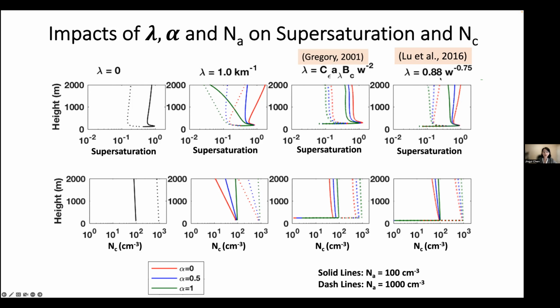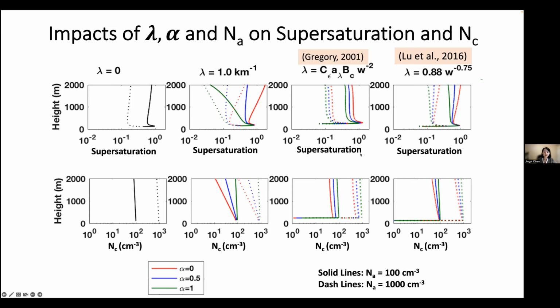They have different formulas to calculate lambda. We see the supersaturation profiles are different from these two studies. When we use the one from the aircraft, we see it increases with height. But when we use this one, the basic shape is similar to the adiabatic assumption, but the values are different when we have different entrained aerosols.